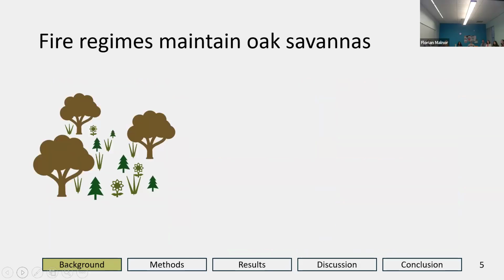So Oregon white oak, the main tree species in oak savanna, is a slow-growing tree. It likes sunny, dry areas, but it also occurs in the same areas as Douglas fir, which is a much faster-growing tree, and it can crowd out the oak trees if given the right conditions, and can even block out sunlight.